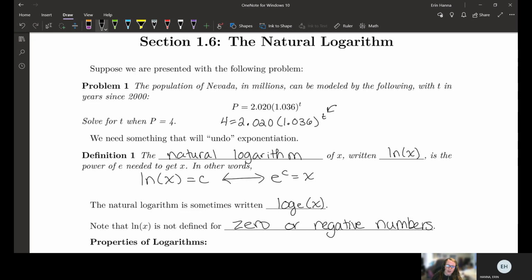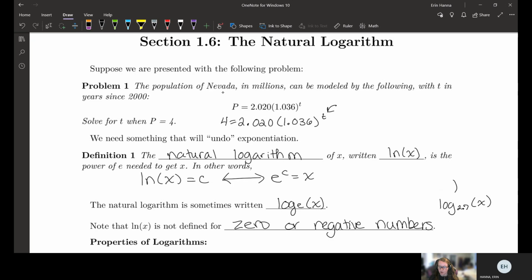Now, if you know how to use other log bases, like log base 10, log base 2, log base 3, whatever, you can have log base whatever number you want. You can have log base 5. You can have log base 2.7. That would be a bit silly, but you could.